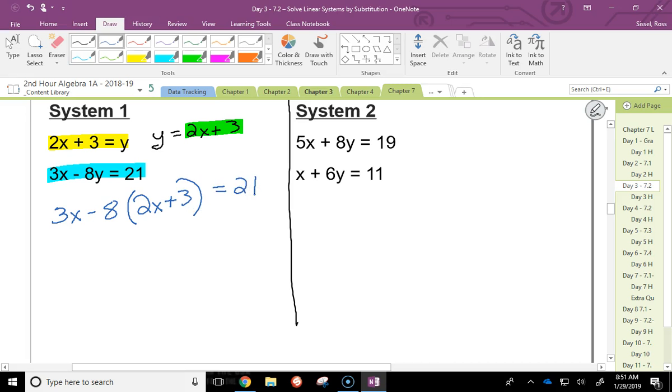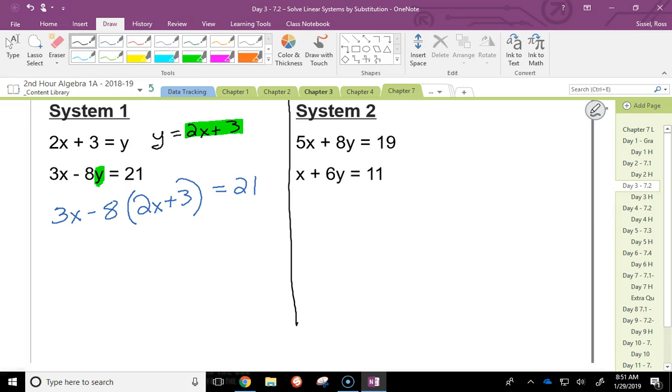That is our substitution. I'm going to erase this so we can see this visually better. Instead of saying y, I will be saying 2x plus 3. So I rewrote the equation, and now all we're going to do is solve.